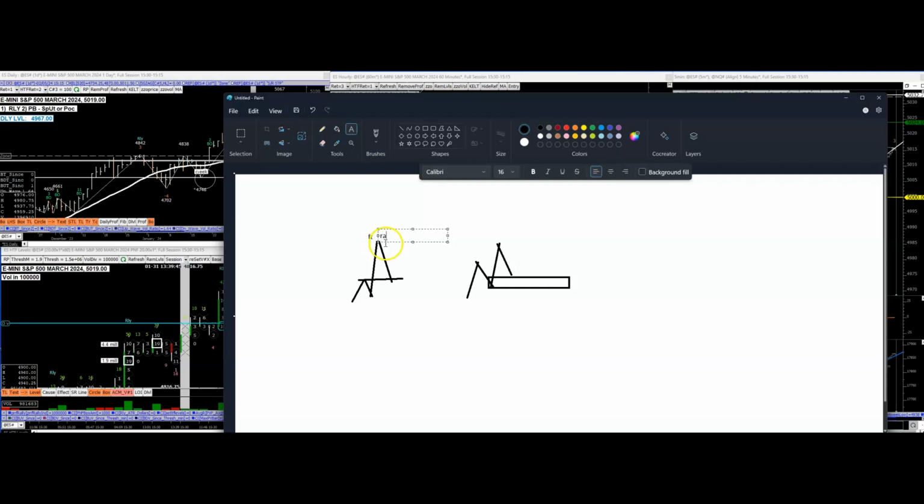Rally. Given both the rallies, depending on the amount of follow through, either this high will become a support or this low pivot area will become a support.